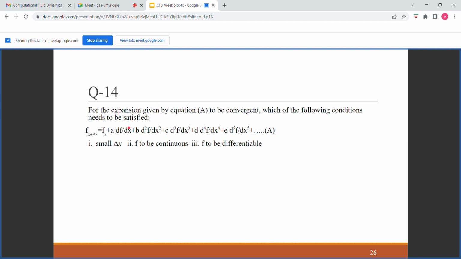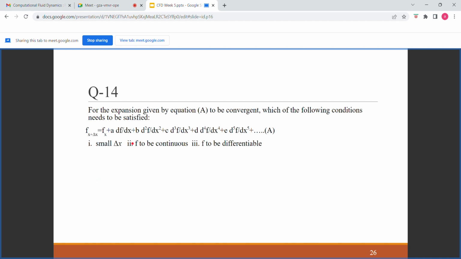If we use Taylor series expansion with only 1-2 points where delta x is very large, it cannot be used, right? With only 2 points, it would give a straight line, not a curve. So small delta x is very much needed.